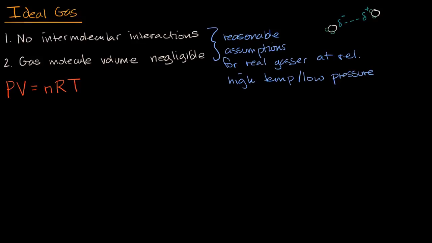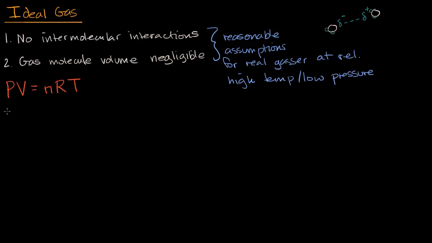Now, let's first of all think about why this is reasonable for most gases at relatively high temperatures and low pressures. And then we'll think about where this breaks down as we approach the condensation point, where the temperature is lower or where the pressure is a lot higher. So let's do these three cases.